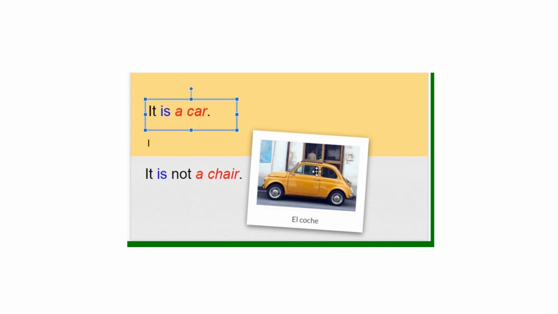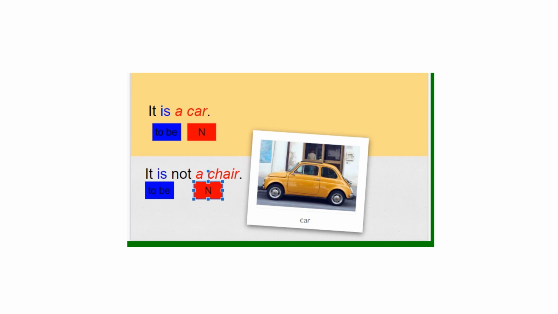Sebaliknya, ketika gambar kita ubah menjadi gambar mobil, it's a car. It is not a chair. Dan tentu saja, car dan a chair adalah noun. Easy, right?